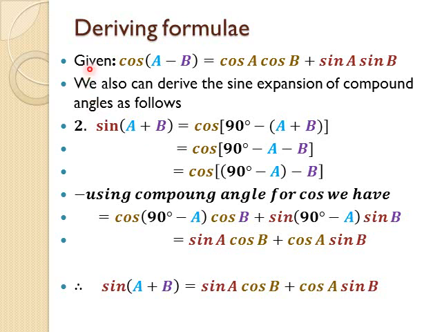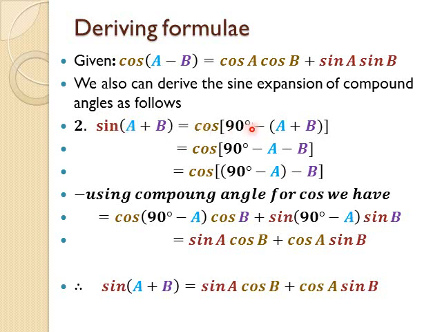Alright, second formula to derive. Given again cos(A - B) equals cos A cos B plus sin A sin B, we will be required to derive the sine compound angle. So our sin(A + B): sine can be written as cos, provided it's 90 minus. So remember the co-function rule, cos(90 - x) changes to sine.